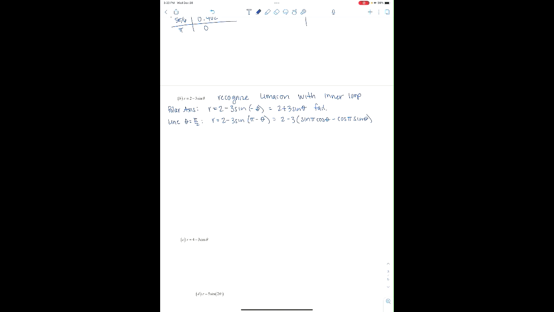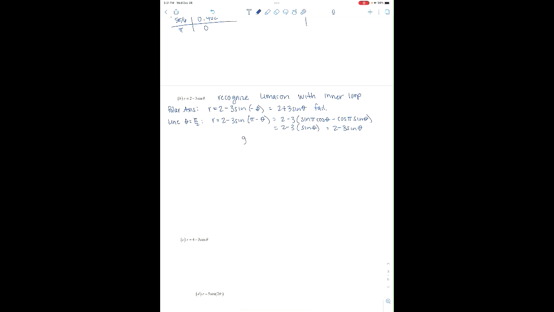And if we find out sine of pi and cosine of pi, this would reduce to 2 minus 3 times sine theta, and 2 minus 3 sine theta is our function. That's what we started with.